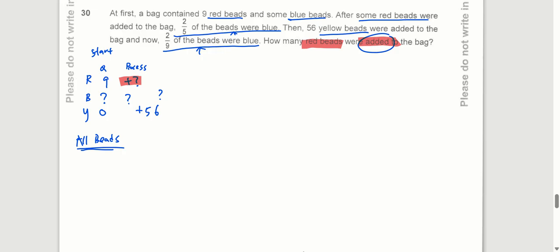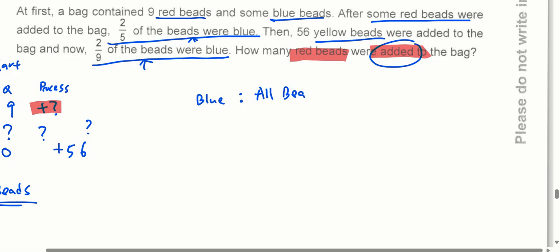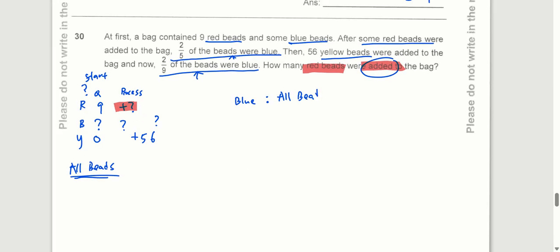First of all, this is unknown. Okay, the start is unknown. So we look at the after the red bits were added in. So in this case, we're using the ratio. We have blue is to all bits. According to the fraction here, 2 out of 5 were blue. So 5 units were blue.